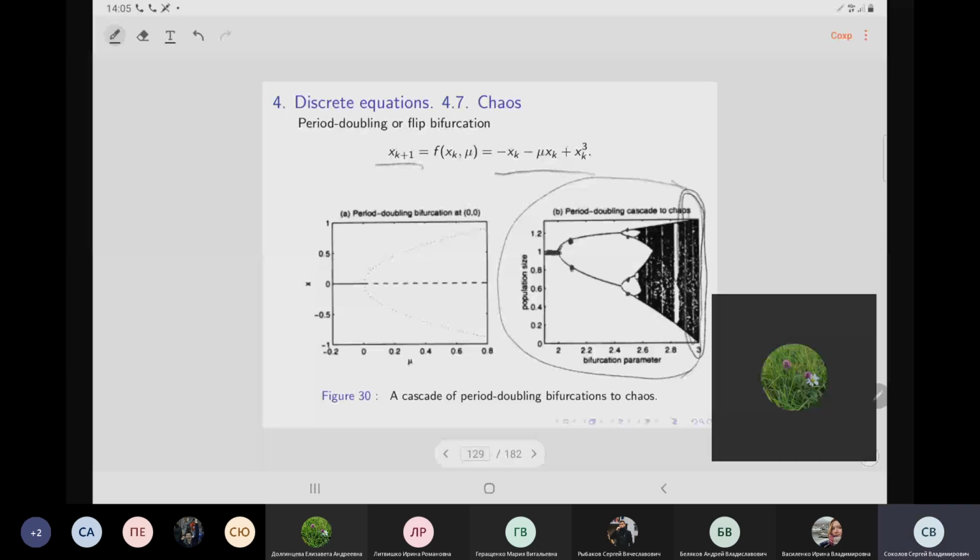And for some of the equations, it is proved that the solutions are evenly distributed. So one can generate a pseudo-random number using the discrete equation. It's an interesting thing because there is nothing similar in continuous equations. So this feature is called period doubling.